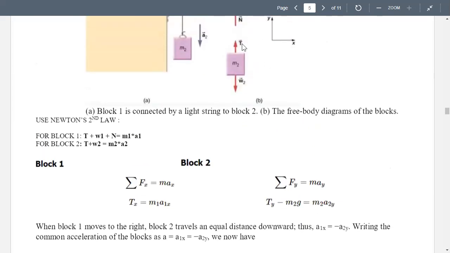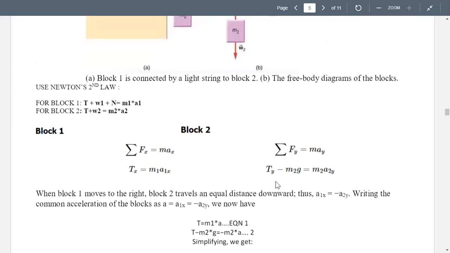It doesn't have an x component because your second block has vertical forces only. So Ty now minus M2 g would be equal to M2 multiplied with the acceleration of the second block.